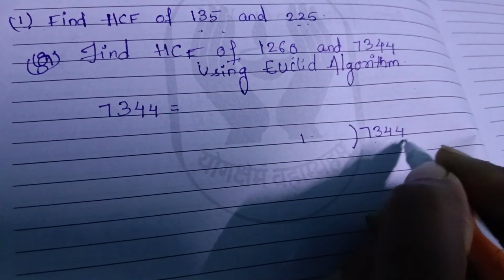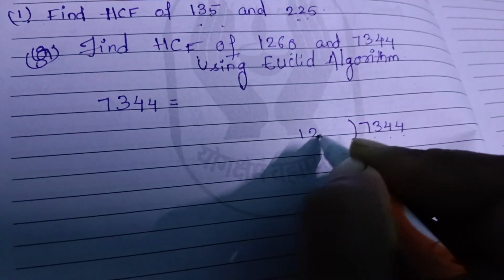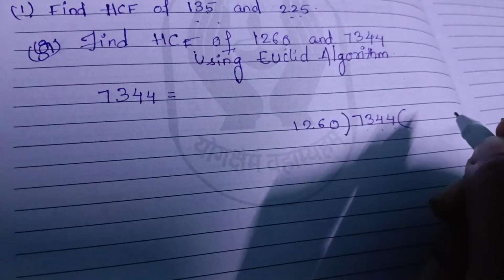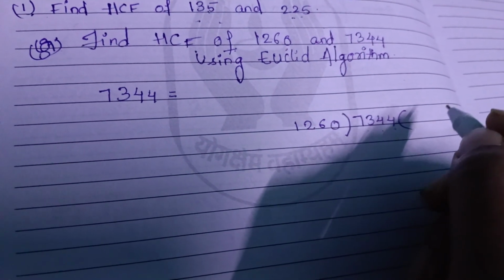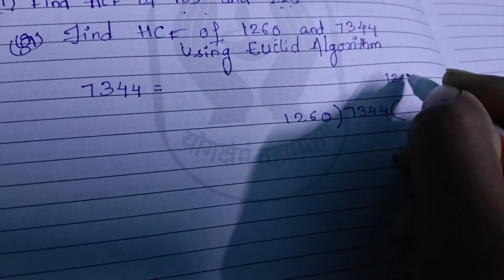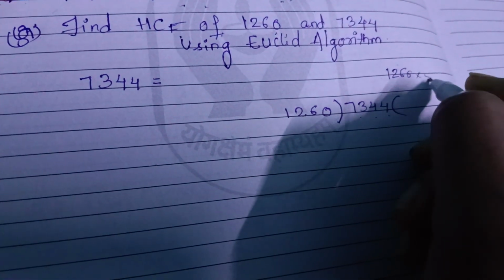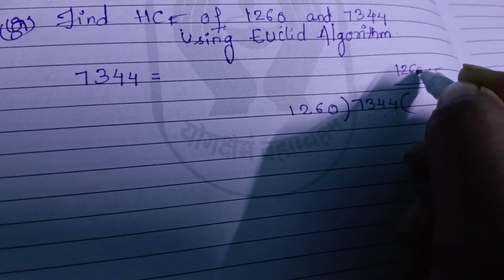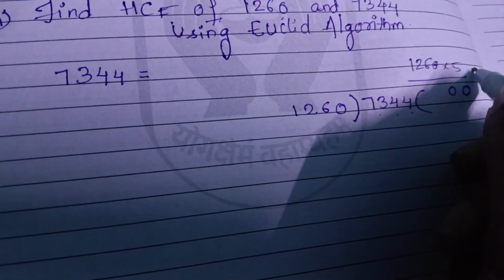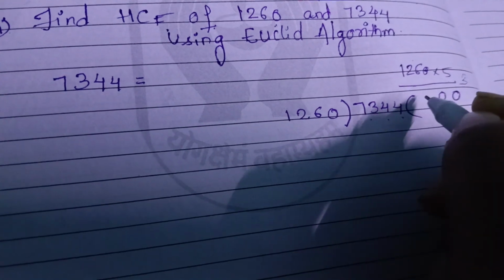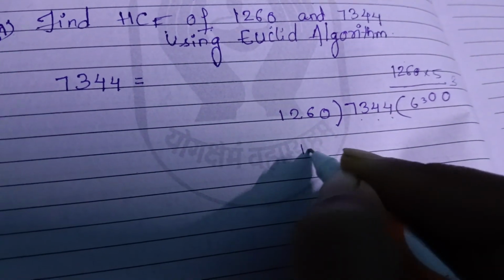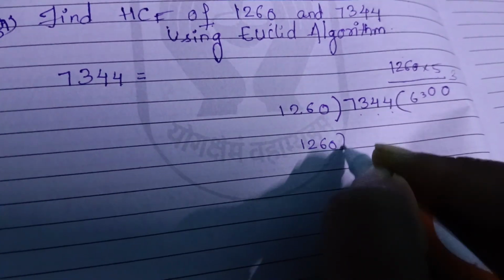So 7344 by 1260. Nearly 5 times, because if you see 1260 into 5, 5 zeros are 0, 5 sixes are 30, 5 twelves are 6300, right? So we can go for 5 times.